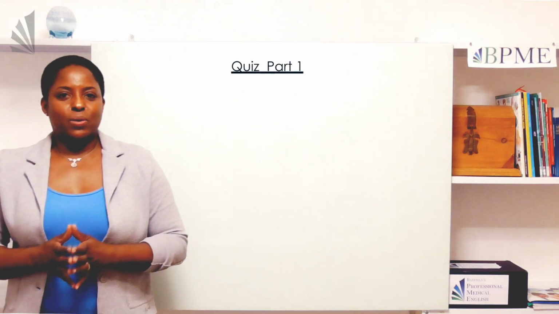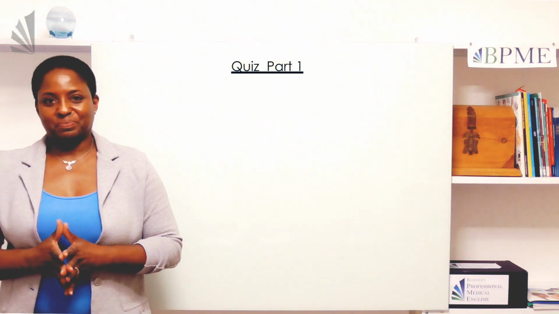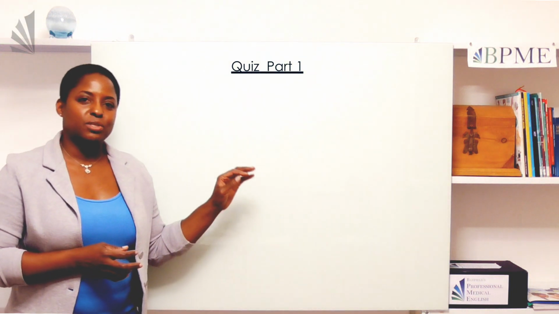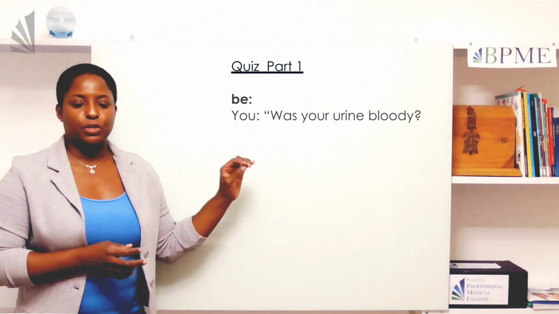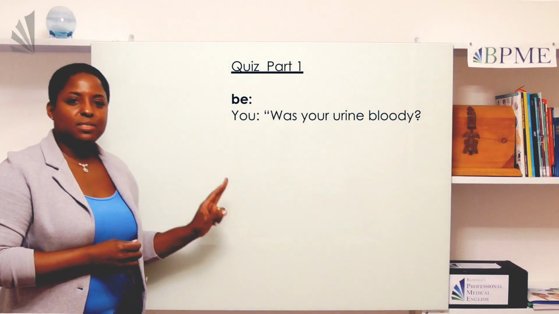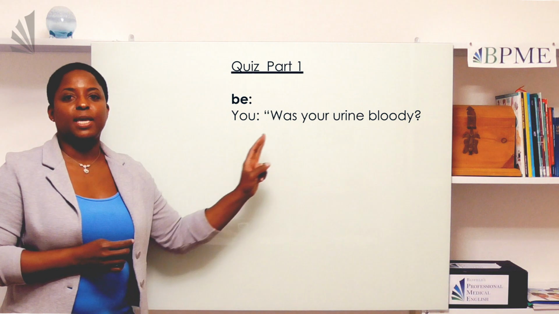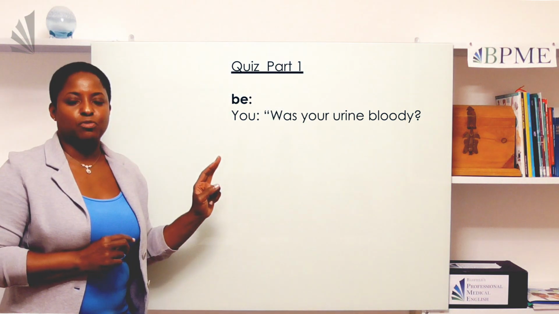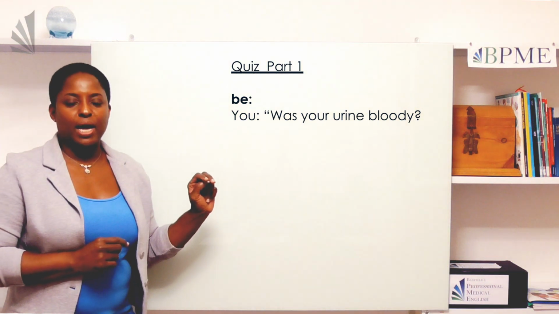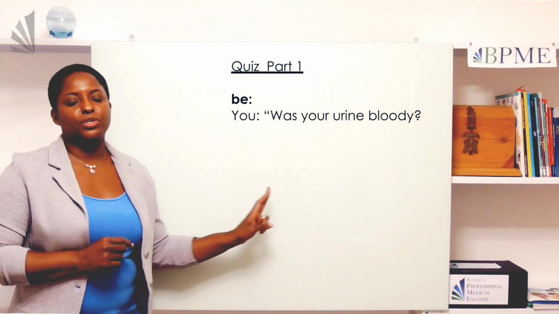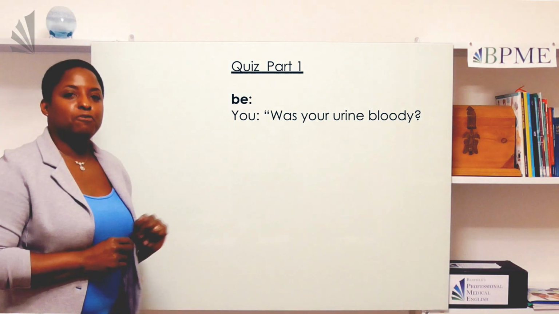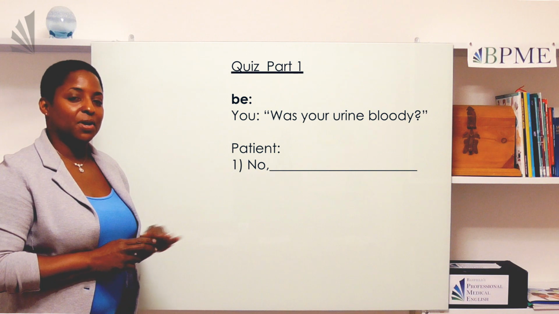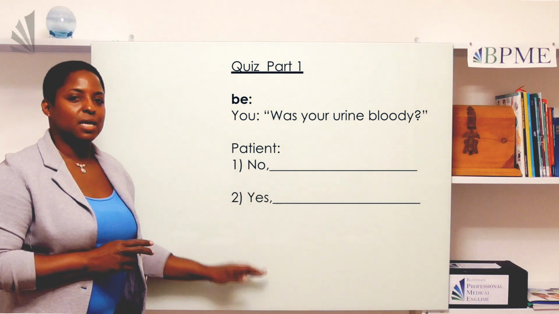So let's try a quiz now in 2 parts. The patient is going to tell you about blood in their urine. So you ask them the question using be, its simple past tense form, which is was. You ask, was your urine bloody? First, they say no, or they say yes.